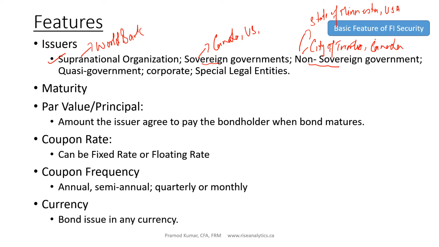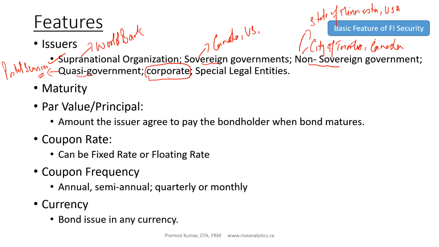They issue some bonds because they need to raise some money. And then quasi means you can think of it like government owned agencies, for example postal services, which in Canada, at least, is government owned, and in many countries is common, or railways. And then this is the heavy chunk here, which is the corporate.